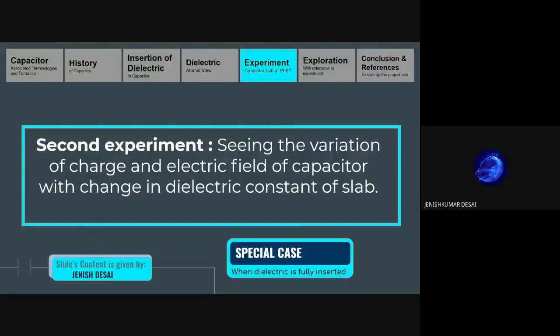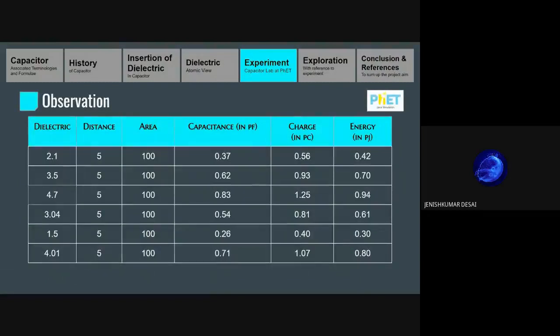Second experiment: seeing the variation of charge and electric field of the capacitor with change in the dielectric constant of the slab. In this observation table, we have many materials with different dielectric constants, and distance and area are constant, and we get capacitance, charge and energy with variance.